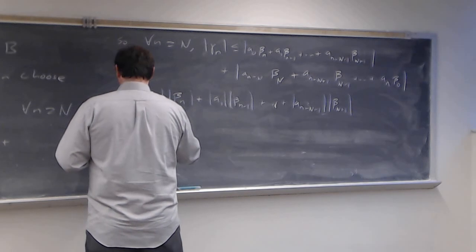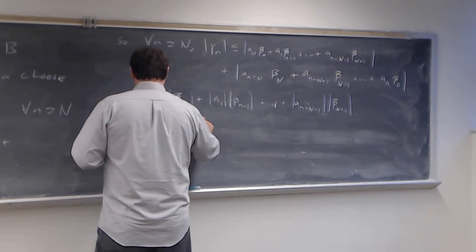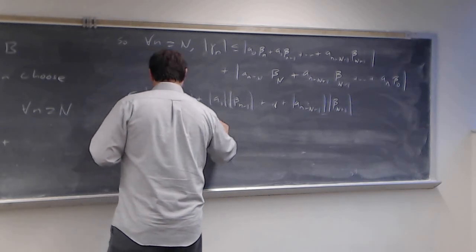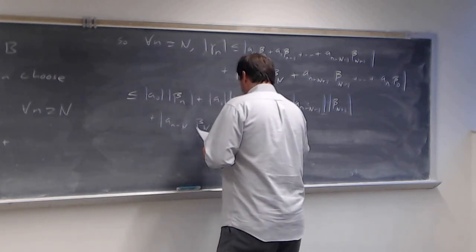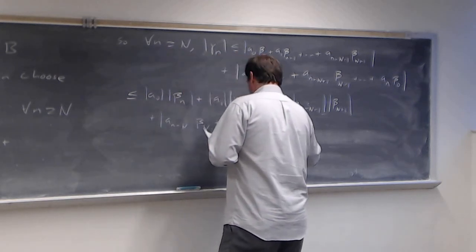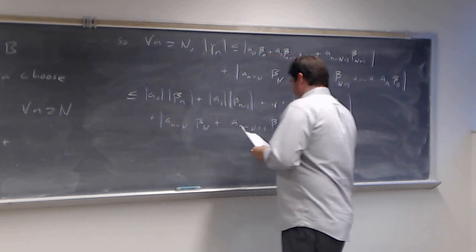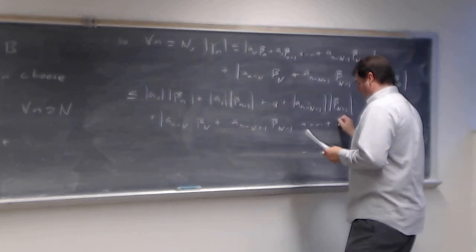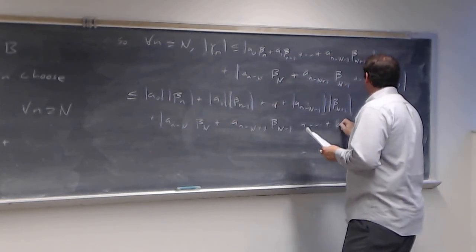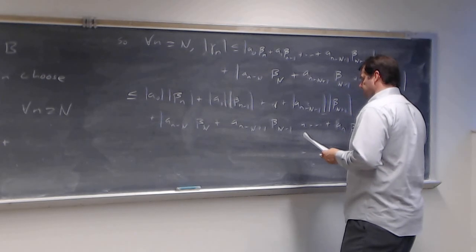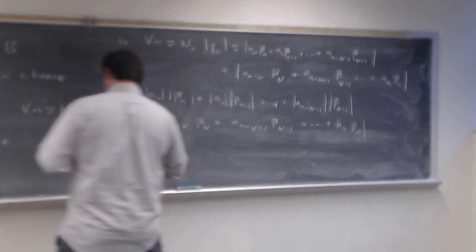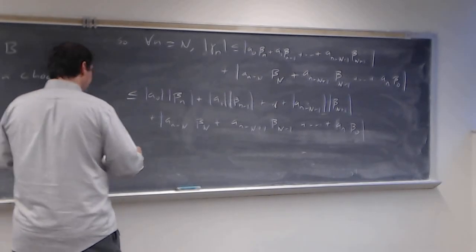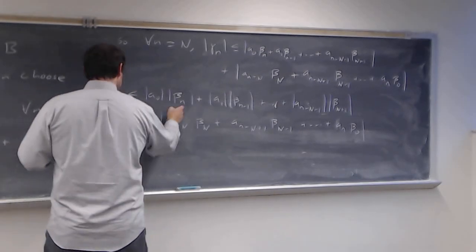So this is a sub little n minus big N beta sub big N plus a sub little n minus big N plus 1 beta sub n minus 1 plus all the way up to a sub n beta sub 0. All right, now this is going to be less than or equal to.